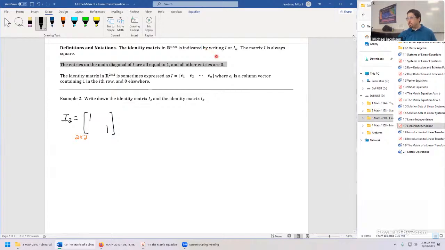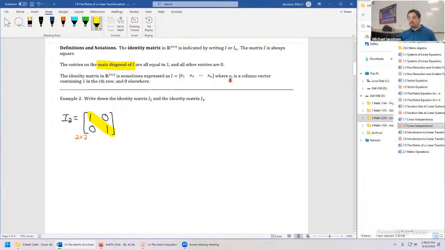All the other entries are 0s, so 0, 0. So this would be I2, or just simply I, if it was clear from the context. The main diagonal is these entries right here. And so that's how we would write down an identity matrix. It gives us an idea of what E1, E2 through En are.